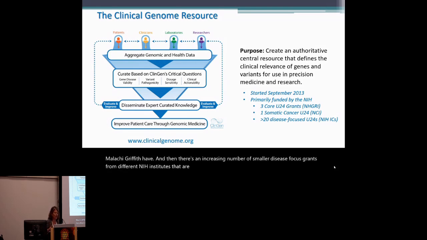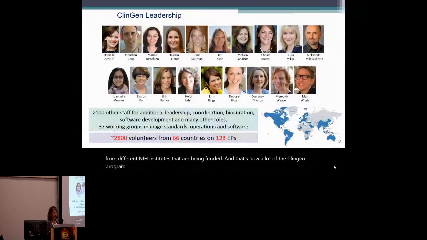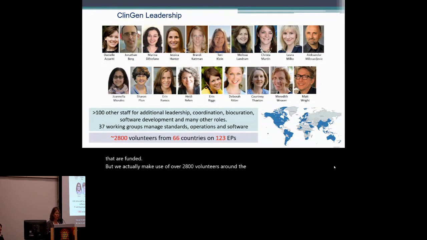That's how a lot of the ClinGen program works. The leadership is here. We have a lot of staff across those different grants, but we actually make use of over 2,800 volunteers around the world on over 123 expert panels doing gene and variant curation in different disease areas.